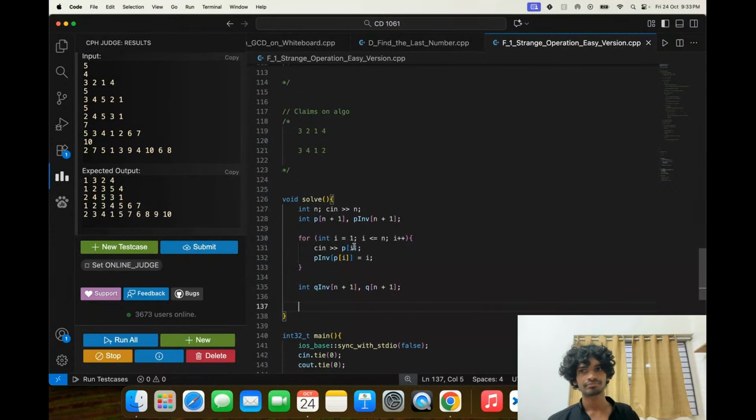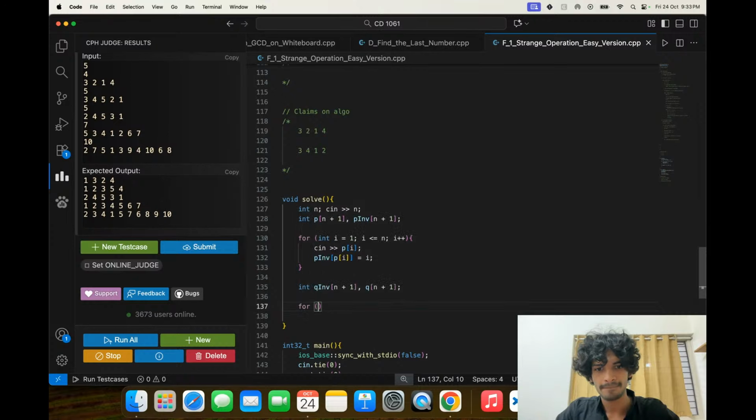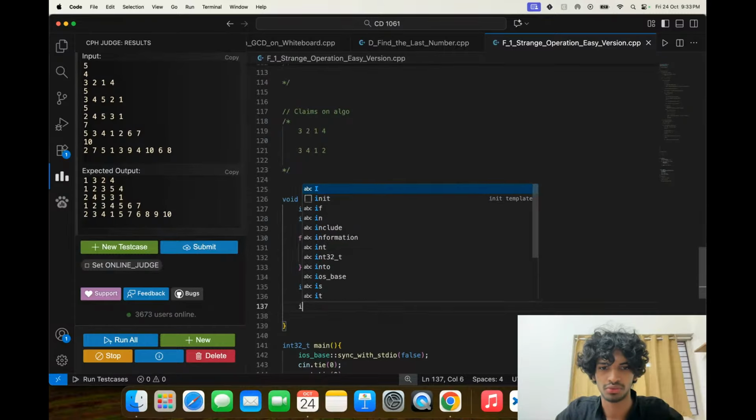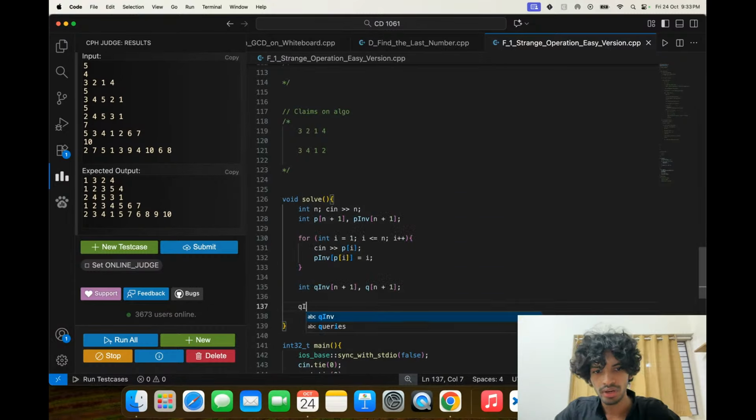Okay. That's it. So I'll just fix one's position as 2. Q inverse of 1 equals 1. Sorry. P inverse of 1 remainder 2.